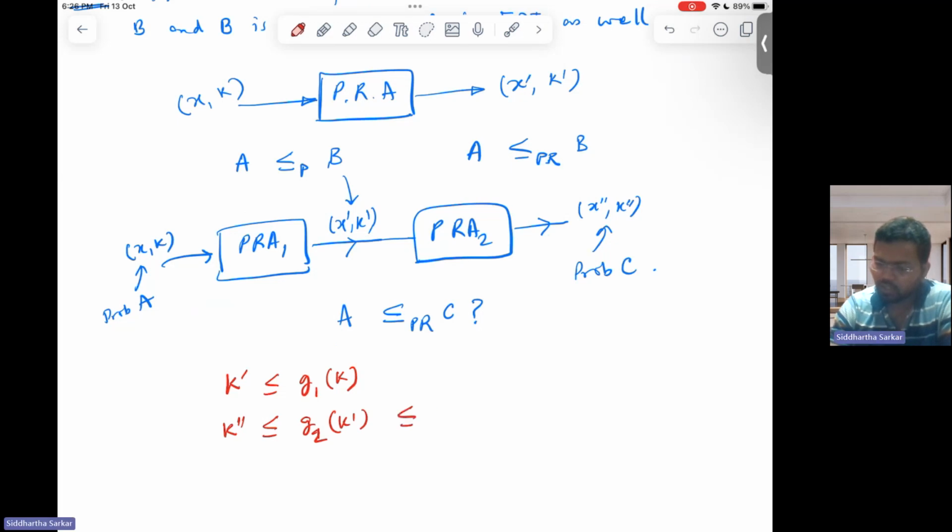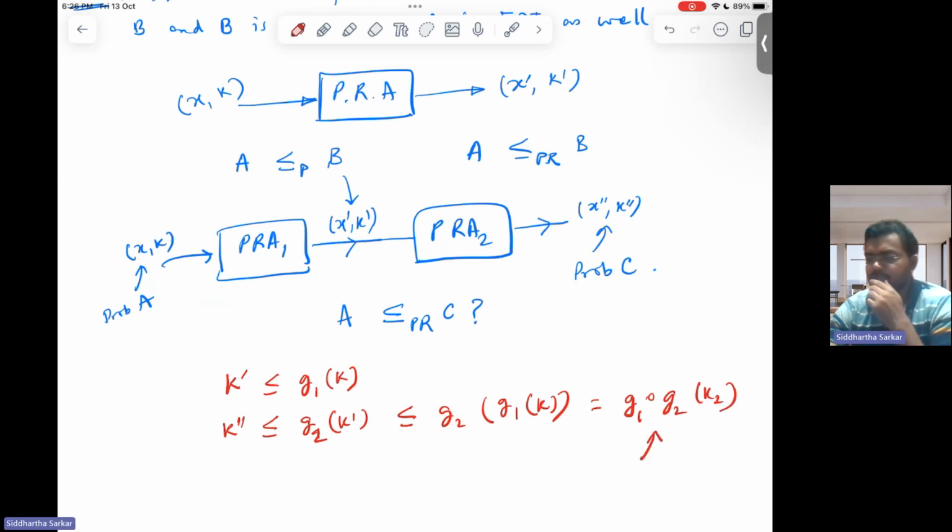So this is equal to g2 of g1 of k, and this is a computable function.